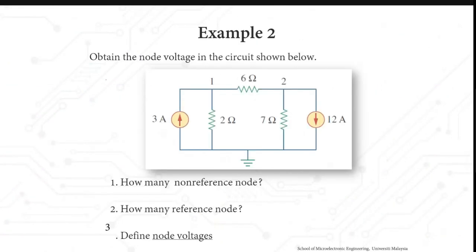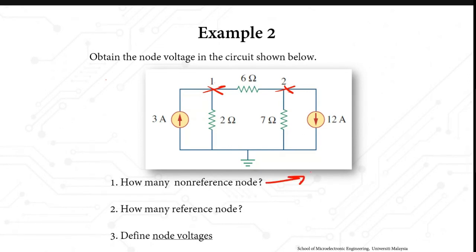So moving into this second example. For this example, obtain the node voltages in the circuit shown below. Obviously you have two nodes, V1 and V2 here. How many non-reference nodes?